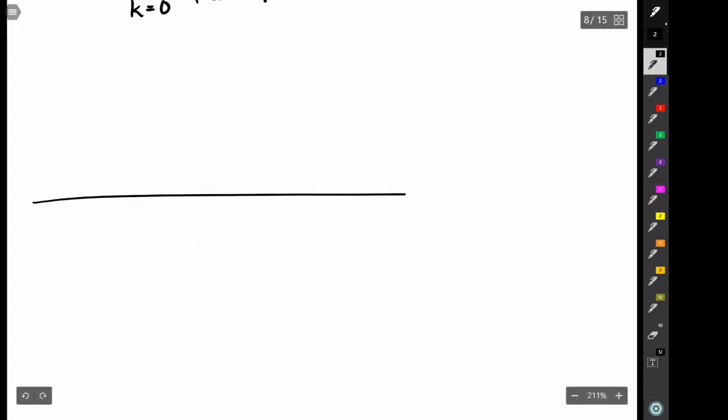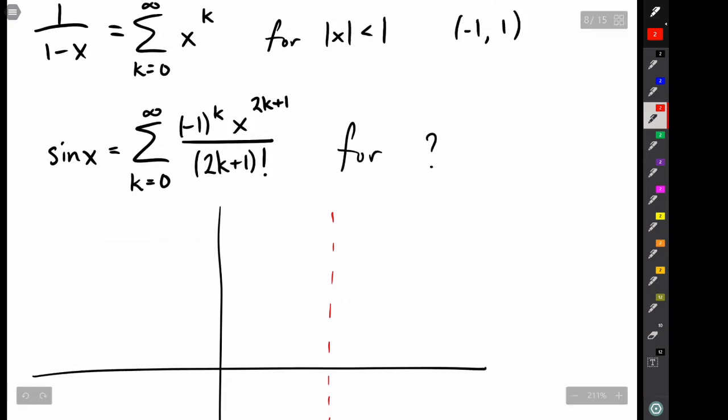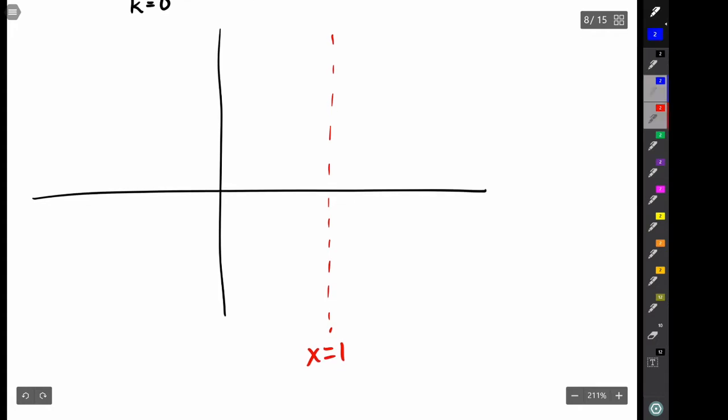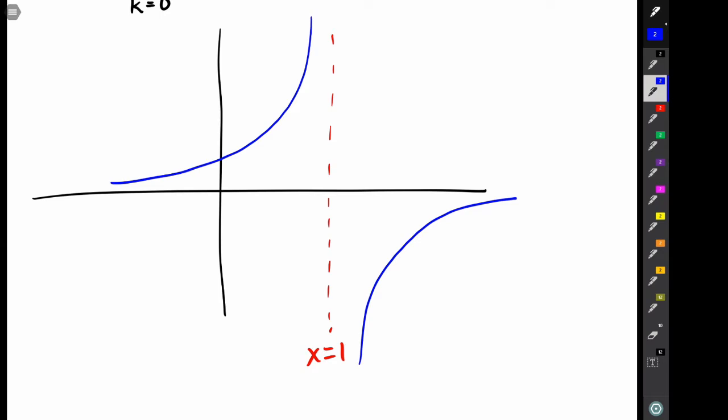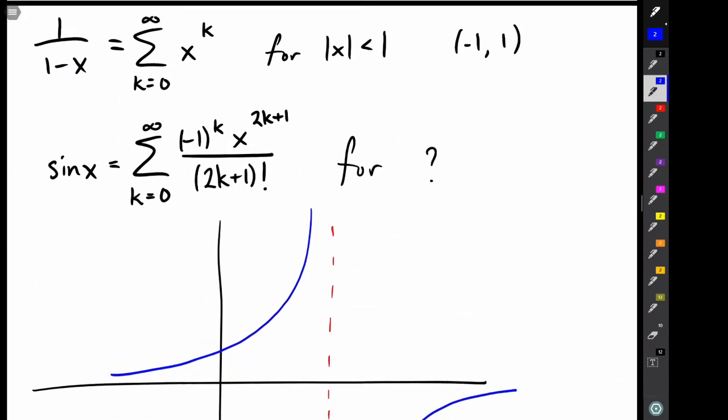So if this is x equals 1, then our function 1 over 1 minus x will look like this. Let's see, when x is 2, it's -1. Yeah, I think I got that right.